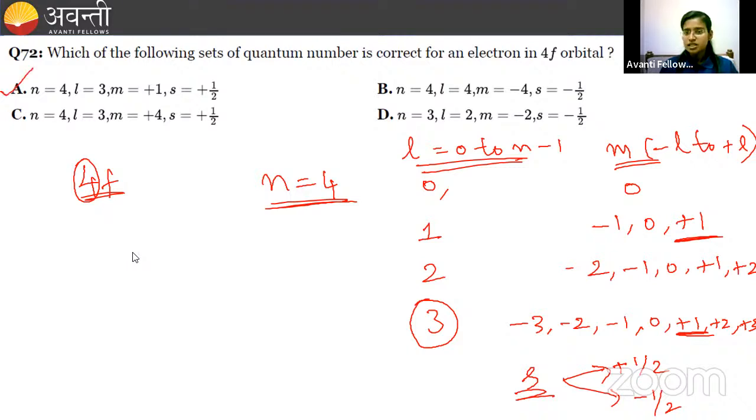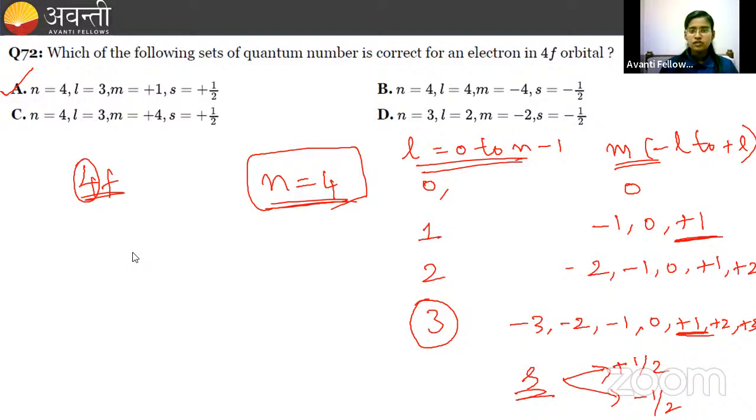In option B, it is given that n is equal to 4 and L is also equal to 4. No, for n equal to 4, L cannot be equal to 4. We don't have 4 in the L column, right? So that cannot be the correct set. For option C, n is equal to 4 and L is equal to 3, M is equal to plus 4. No. L is not equal to 4, so how can M be plus 4?